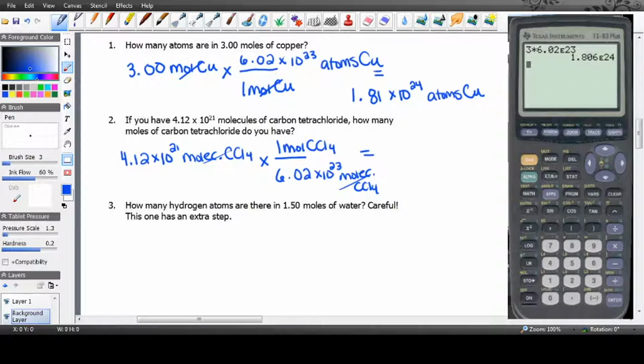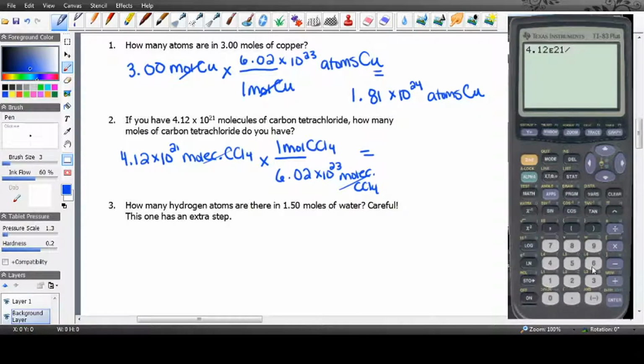So back to my calculator. Remember that magical EE button. Clear that out. 4.12 EE 21. Now I don't really need to multiply by 1 because it's just 1. So then I'm going to divide by the denominator.